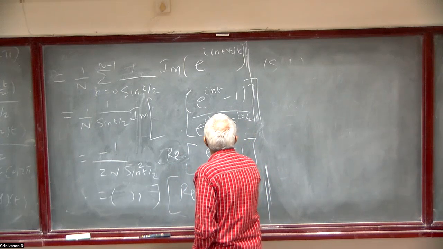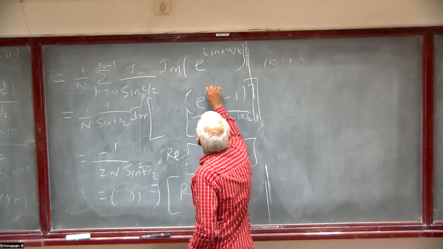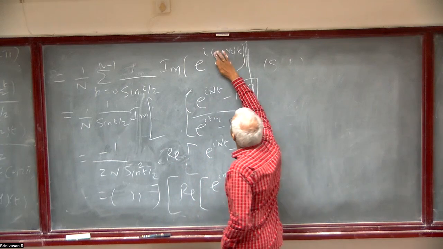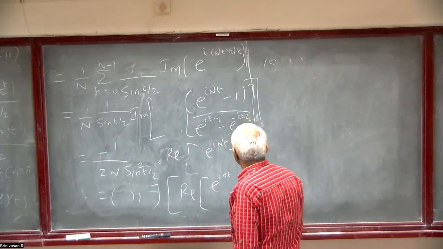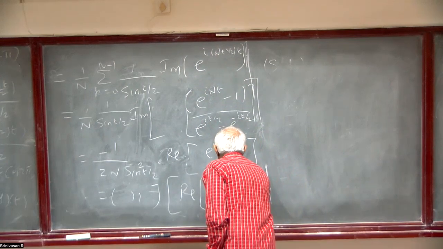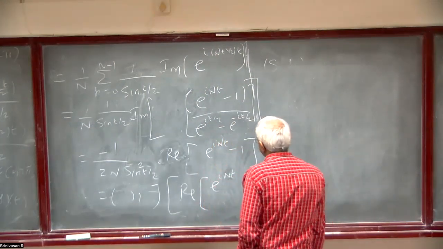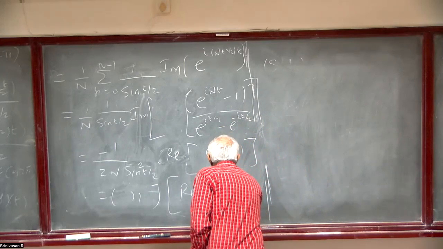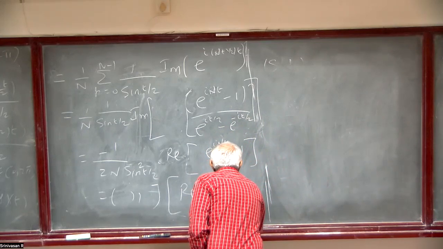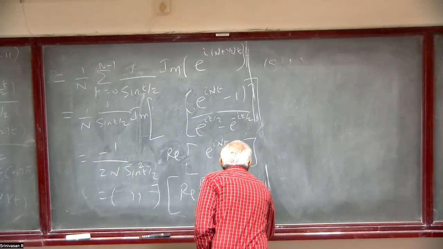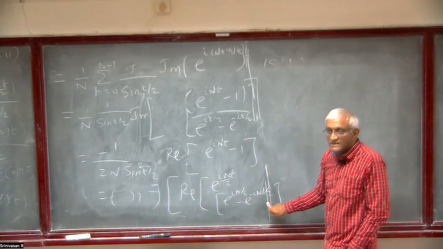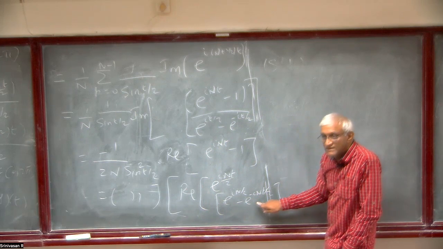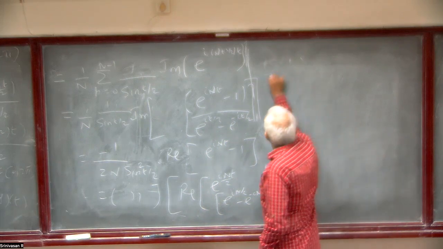Here it should be n, sorry, it should be n. I mean, this should be capital N. This is just sine, I mean, you take this, and now I get this.